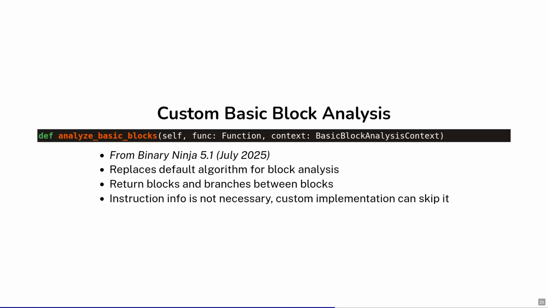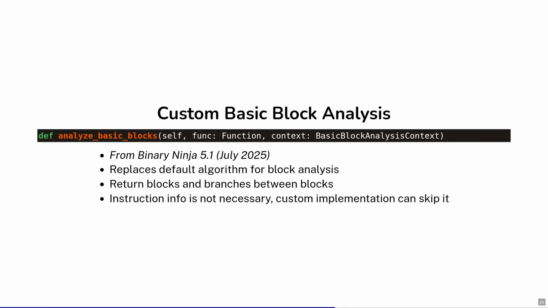We get the function as input, we get a context object with some additional information for doing this, and this also gives us access to the binary view, which is an object that gives us every information that is available about the current binary. And what we should return is a list of basic blocks and branches in between.